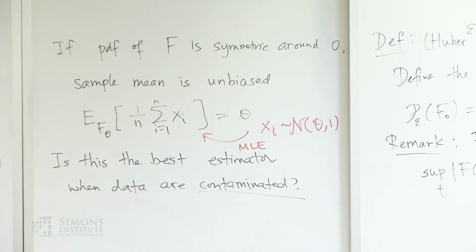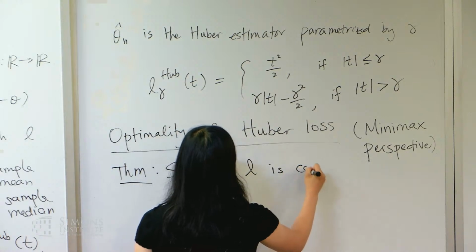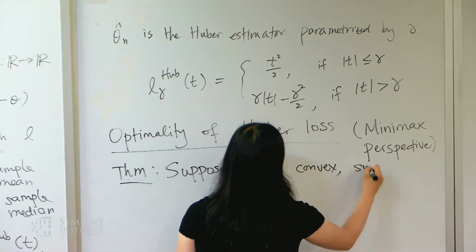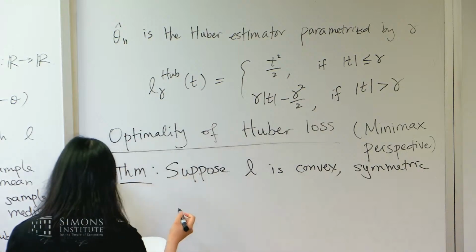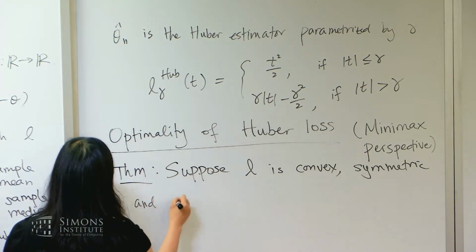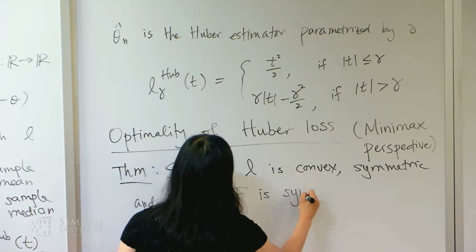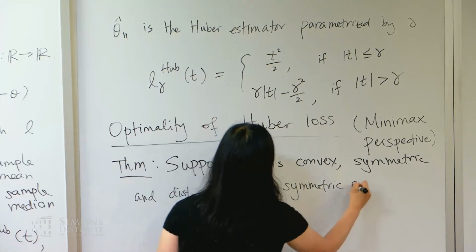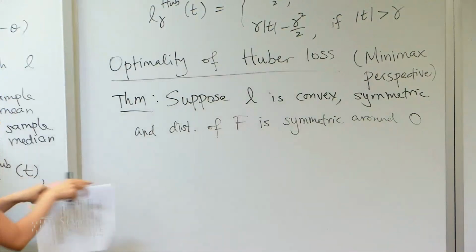The theorem says: suppose L is convex and symmetric, and the distribution F is symmetric around 0, meaning in our location model that F theta is symmetric around theta.